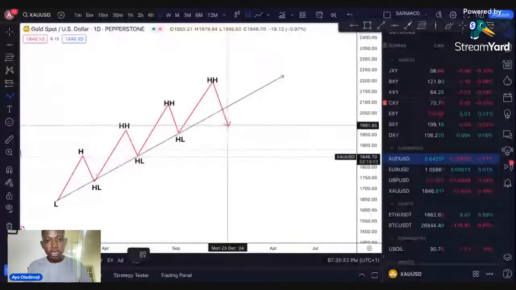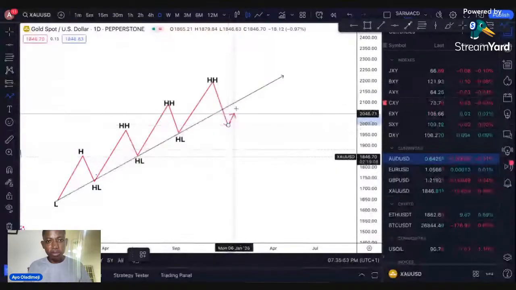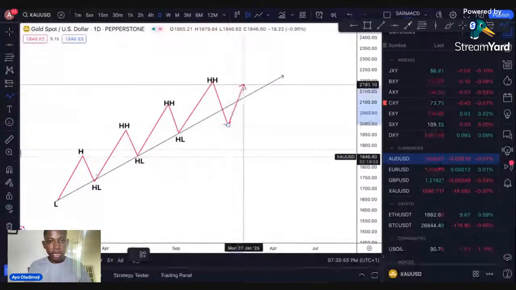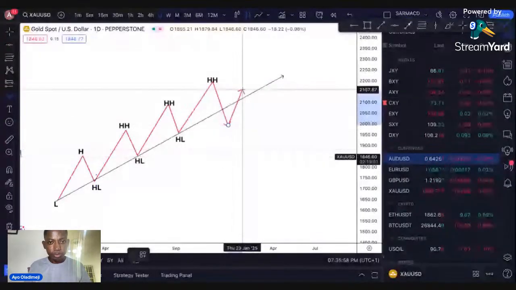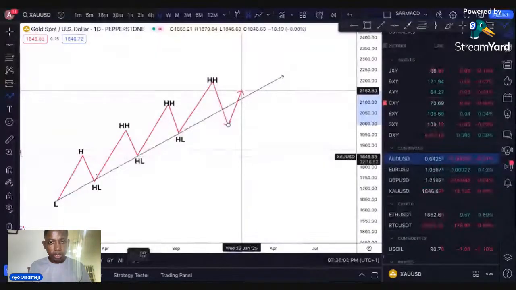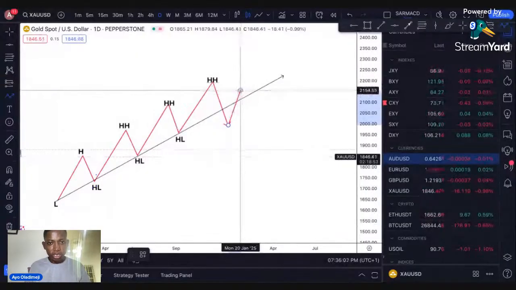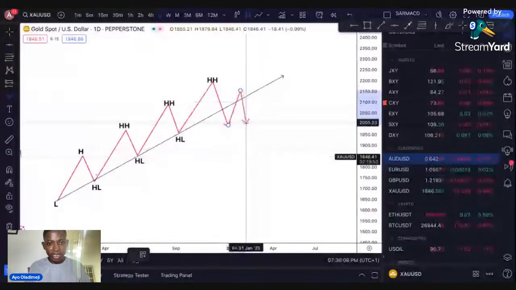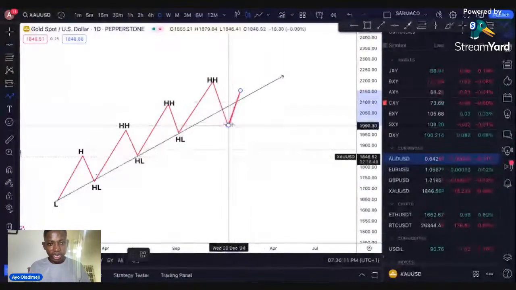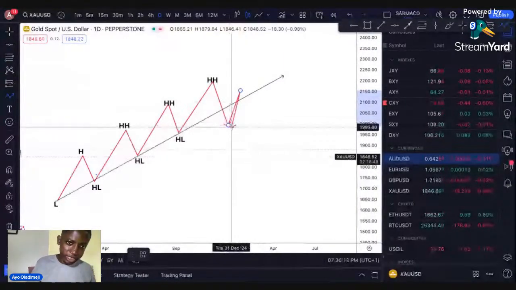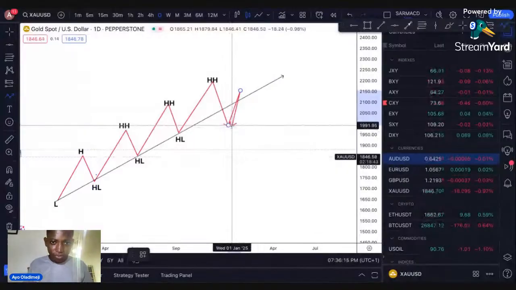So we have a low, and the market may come here and give us either a double bottom here, or something like this. So it comes here, and this is a low, you can say a higher low.